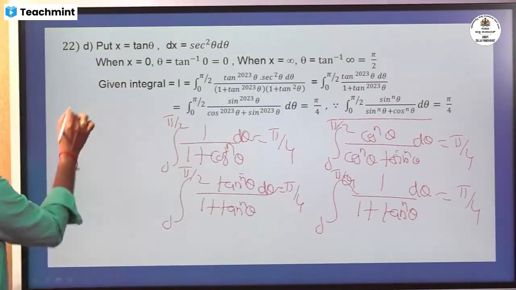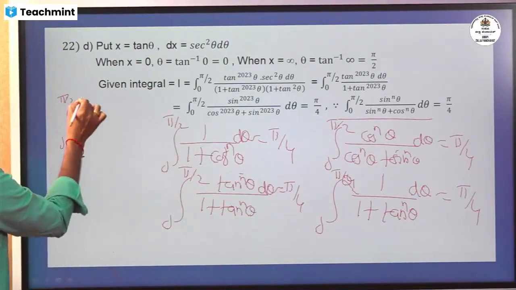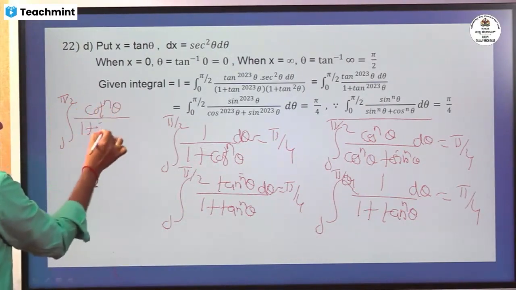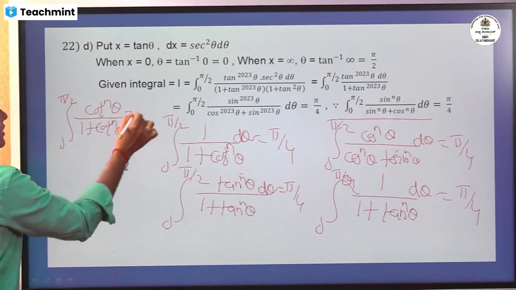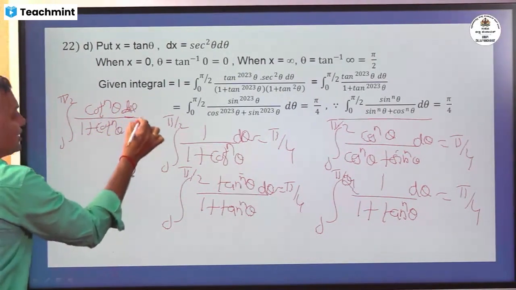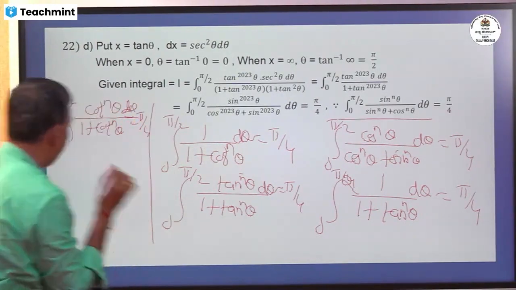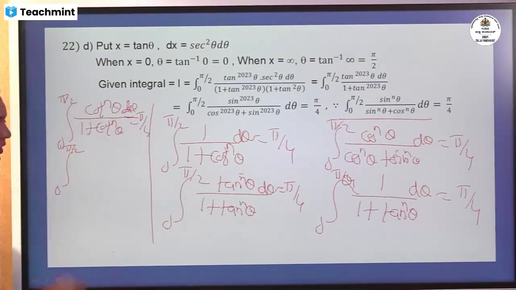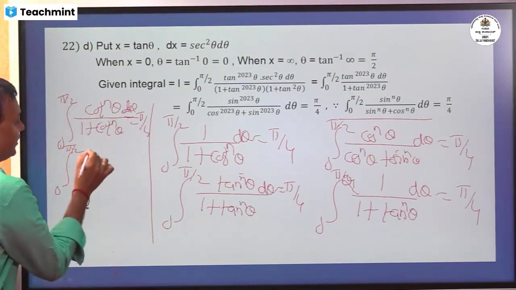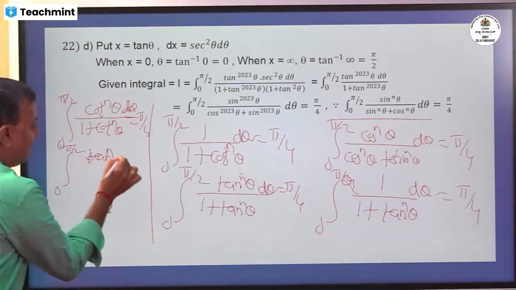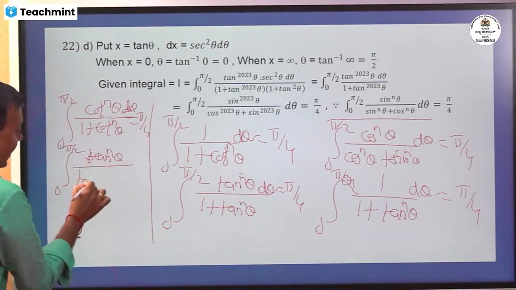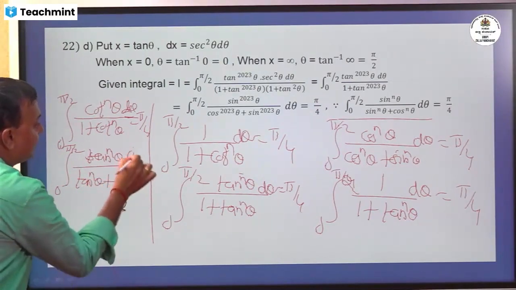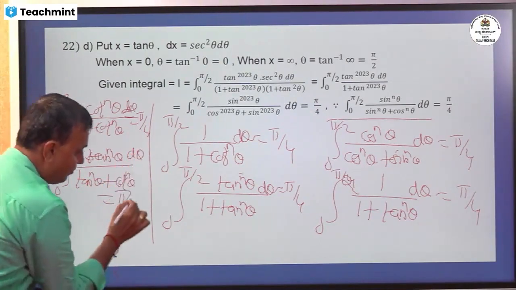Or integral from 0 to pi by 2 cot to the power n theta by 1 plus cot to the power n theta d theta is also pi by 4. Or integral from 0 to pi by 2 tan to the power n theta divided by tan to the power n theta plus cot to the power n theta d theta is also pi by 4.